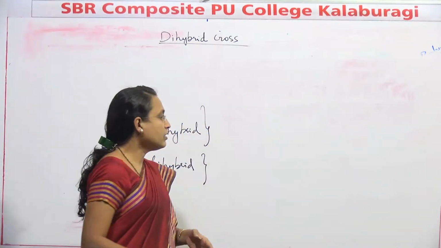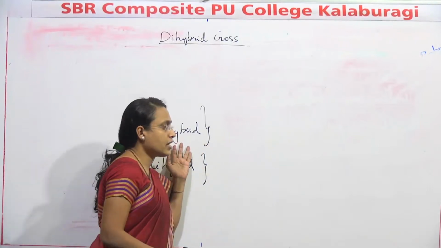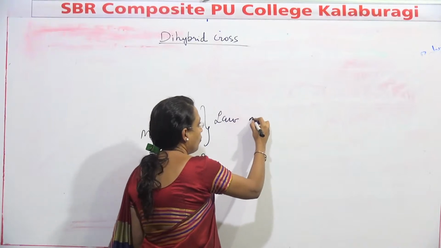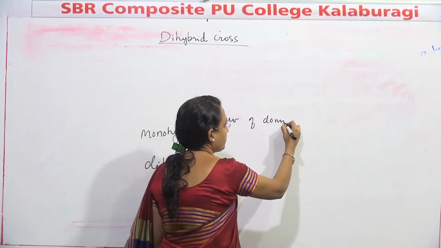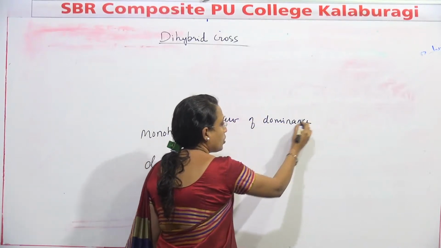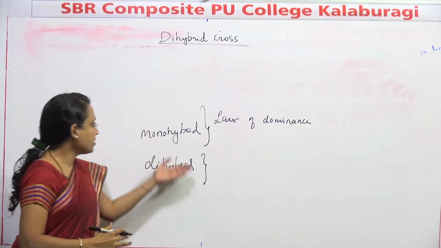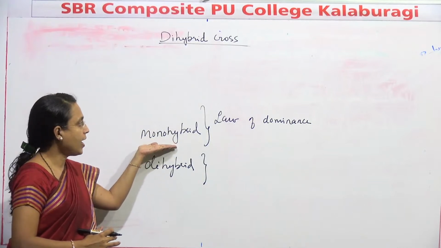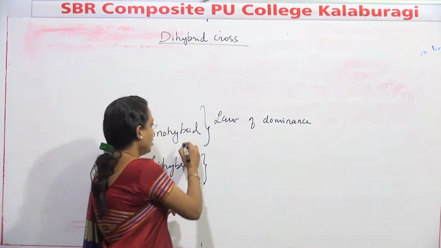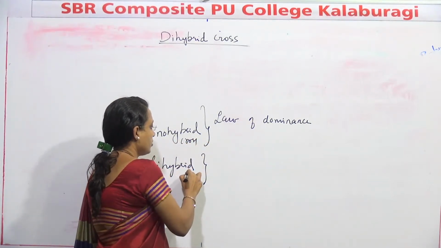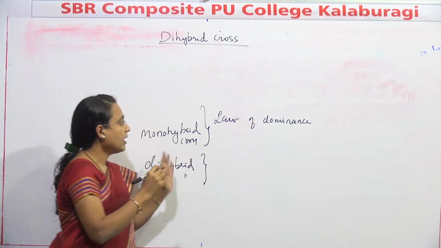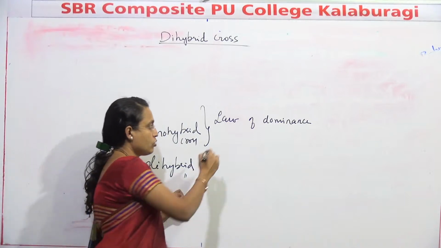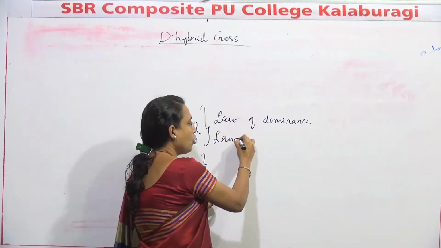Which are the two laws established by the monohybrid cross? One is the law of dominance. He put forth the law of dominance after performing which experiment? The monohybrid cross. Then even the law of segregation can be explained by the monohybrid cross.